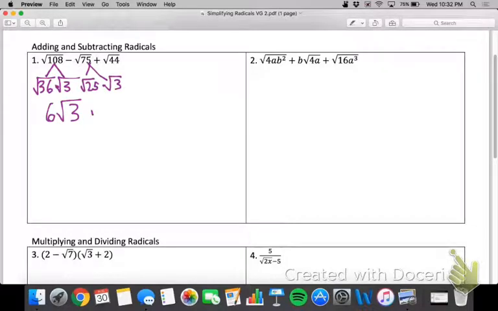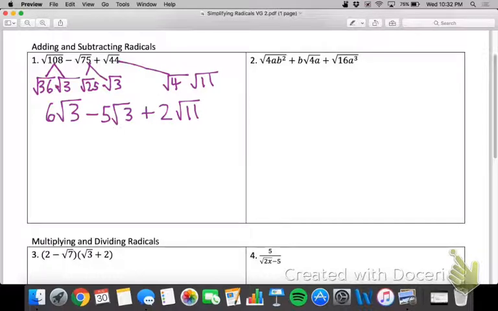So now we have minus 5 root 3. And then 44 is the square root of 4 times the square root of 11, which is 2 square root 11.